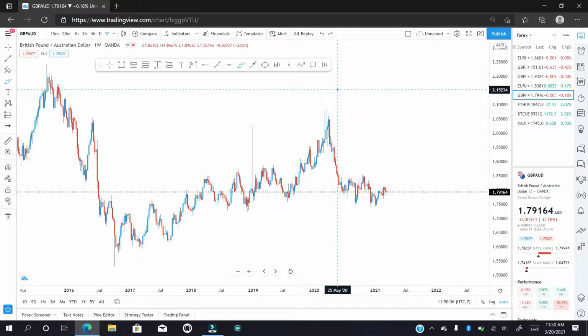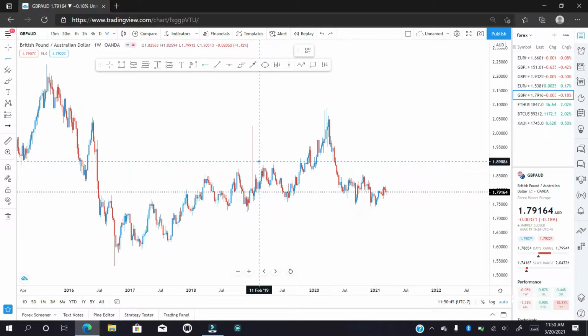What I'm looking for on the weekly time frame is potential support and resistance zones. So I don't look too far here. I'll look around this level here, because don't forget that we are on the weekly time frame, so each candle here was 1 week.